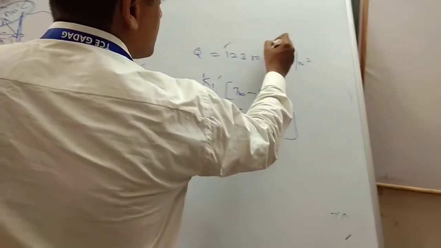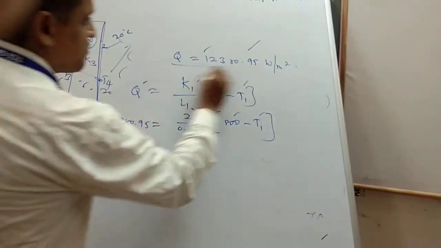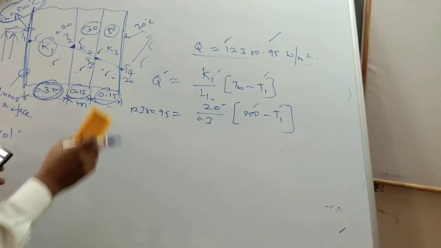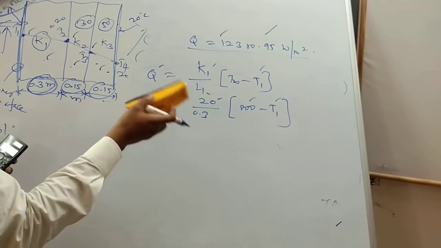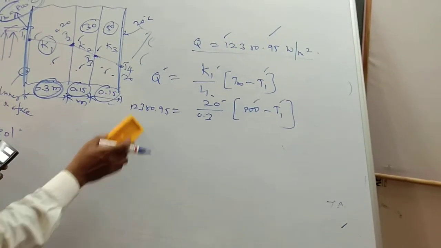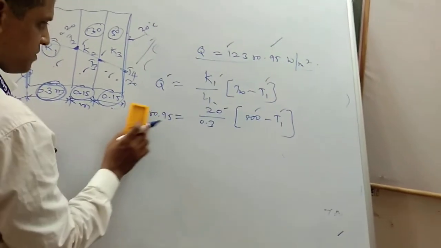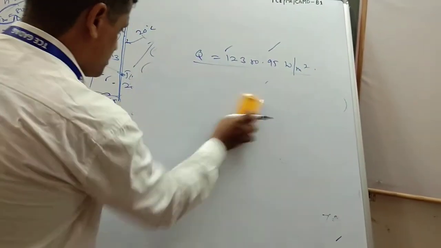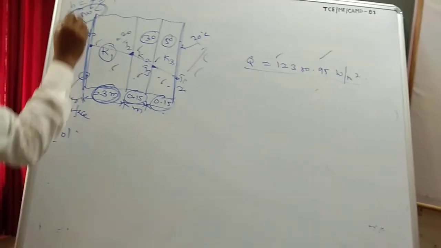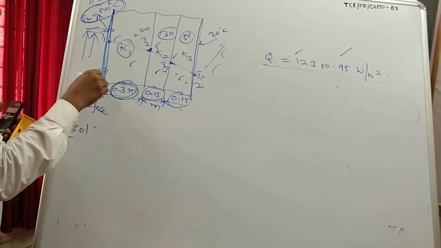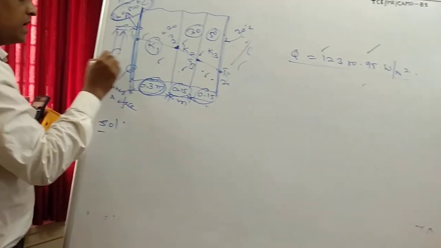Okay, we got this heat flux 12,380.95 using the analytical method, using conduction and convection, Fourier's and Newton's law. But here what I did, actually from 800 to this inner surface wall, the heat transfer will take place through convection.